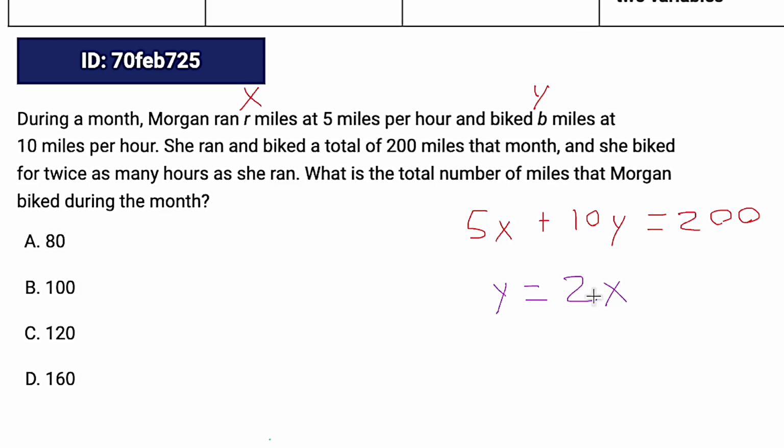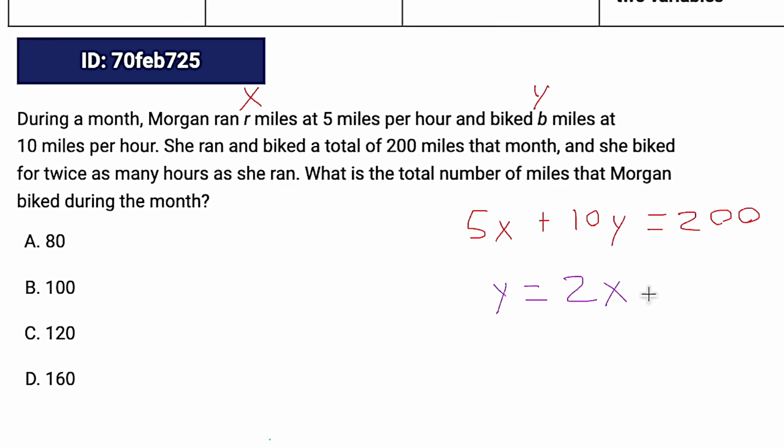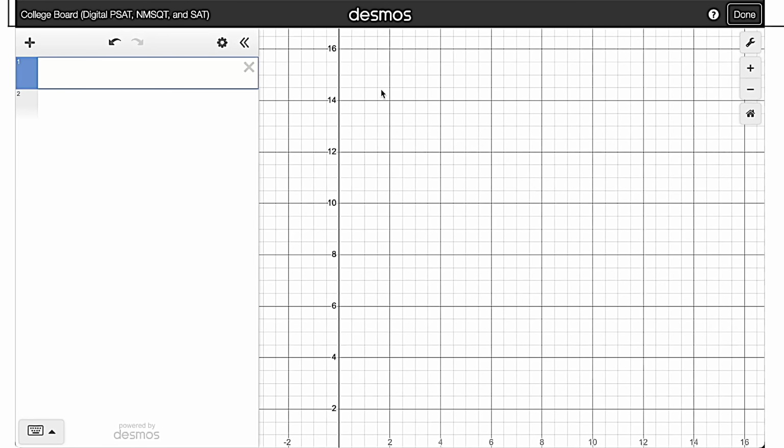From here, you could use substitution, you could use elimination. I would argue that whether or not you know how to use substitution or elimination, Desmos is going to be faster, because you're probably going to end up using Desmos to do your multiplication or division anyway. So might as well just put the equations in and let it do all the work for you. So let me pull up Desmos here.